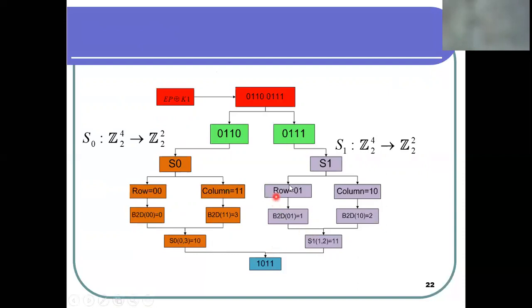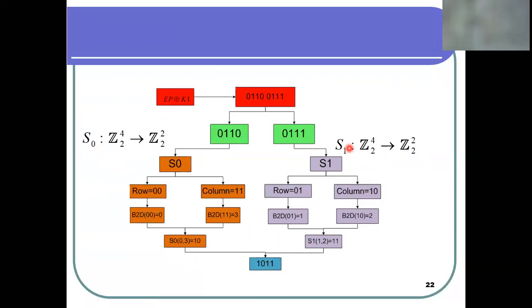In a similar fashion, you have to perform the calculation for S1, and ultimately I get 10 from S0 and S1 gives me 11, and I just combine the two bits from S0 and the two bits output from S1. S0 is just a function from Z2^4 to Z2^2, and S1 is a function from Z2^4 to Z2^2.